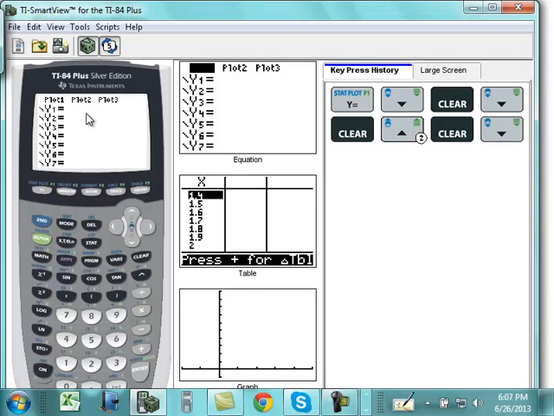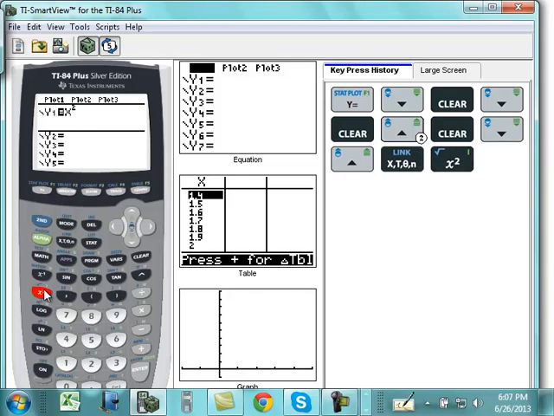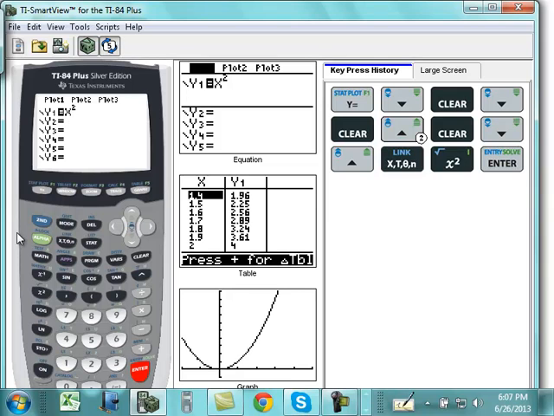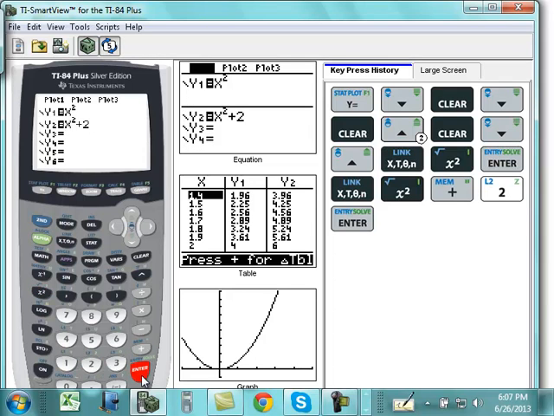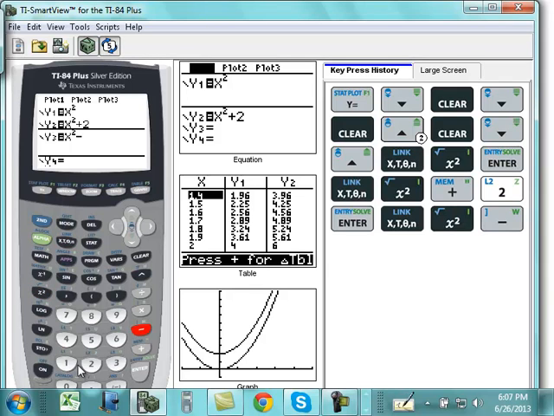So let's go into our equation editor and plug in x squared, enter, and we're going to do x squared plus 2, enter, and finally x squared minus 2. Enter.